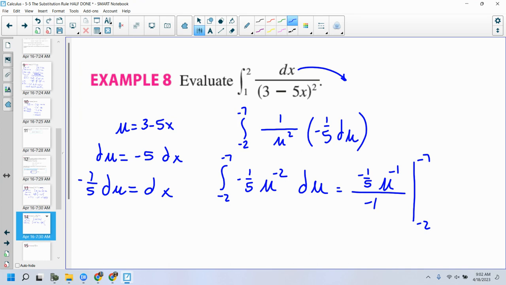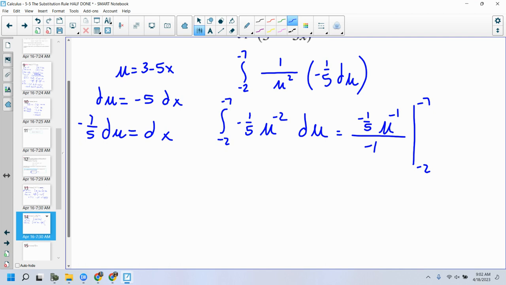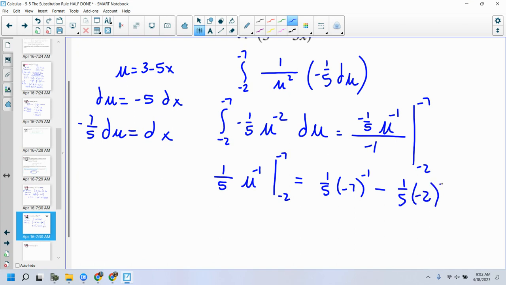Always do top minus bottom, remember. The over negative 1 is just going to cancel the negative on top. So this is going to end up 1/5 u to the negative first, negative 2, negative 7. So that is 1/5 negative 7 to the negative first minus 1/5 negative 2 to the negative first.